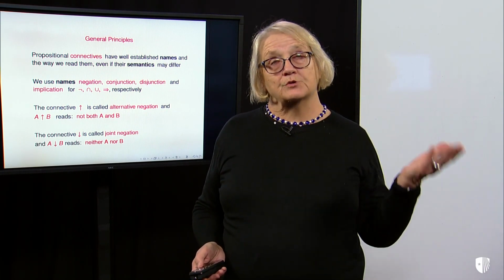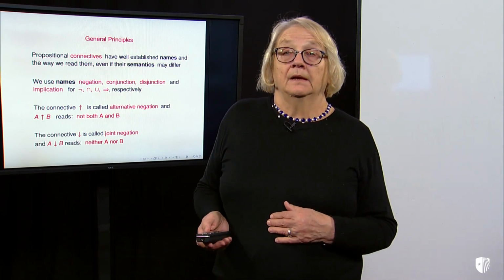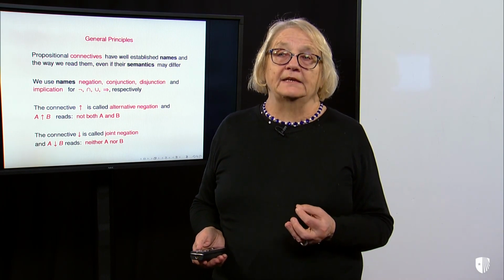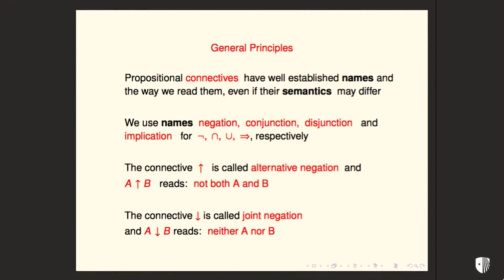And of course, just to remind you that propositional connectives have well-established names and the way we read them. The fact that we read "and" doesn't mean that is the semantics for "and." We use names like negation, conjunction, disjunction, implication.